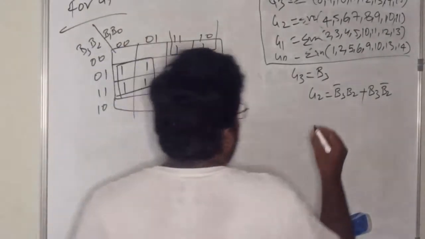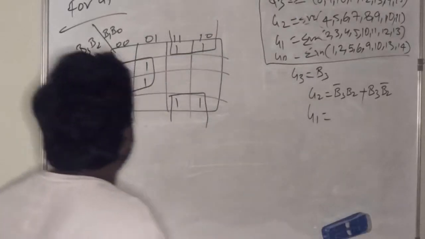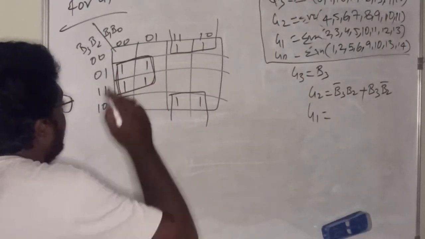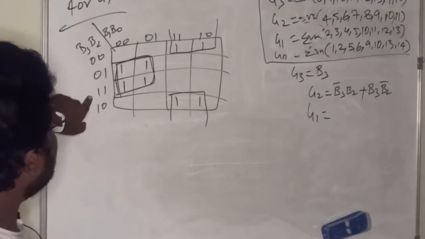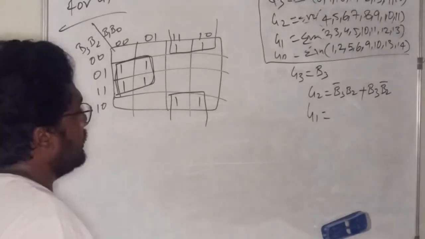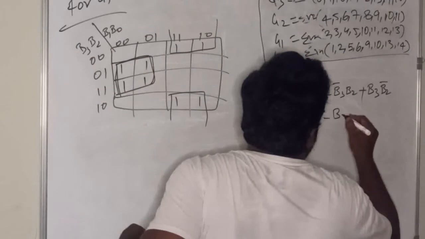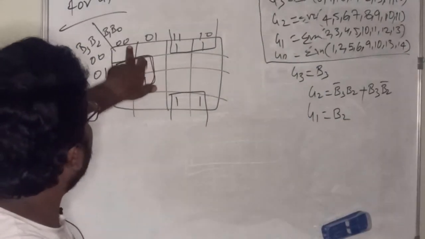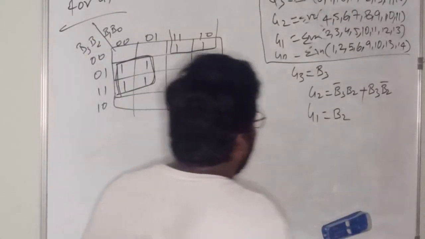So now we will be getting G1 is equals to, first take this quad. In this quad B3 value is varying and B2 value is constant, B1 value is constant and B0 value is varying.